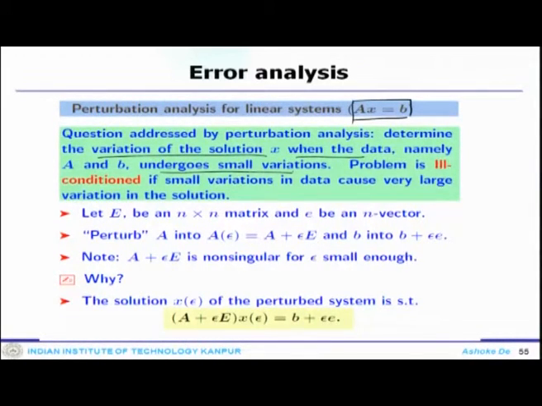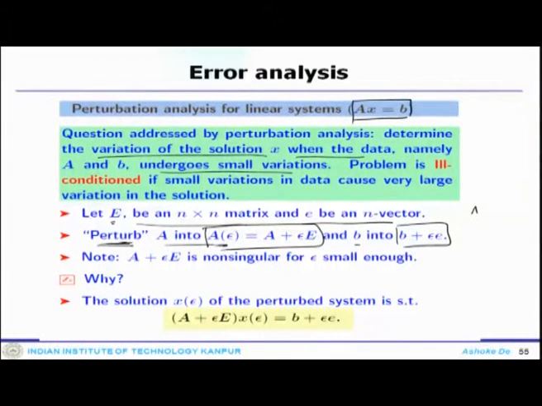So, let us say E be an n by n matrix and small e be an n vector. You perturb A into A plus epsilon E, and b into b plus epsilon e.